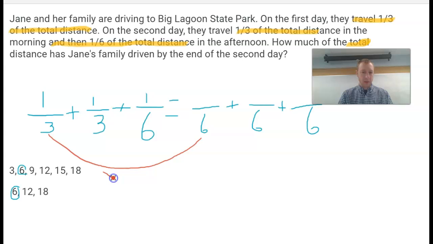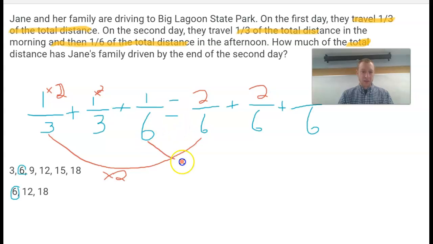What did we multiply by? Well, we multiplied by 2, right? Whatever you do to the bottom, you've got to do to the top. 1 times 2 is 2. Same here. 3 times 2 is 6. 1 times 2, and this should be a 2. 1 times 2 is 2.